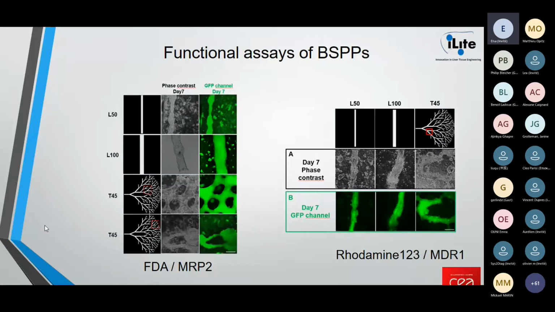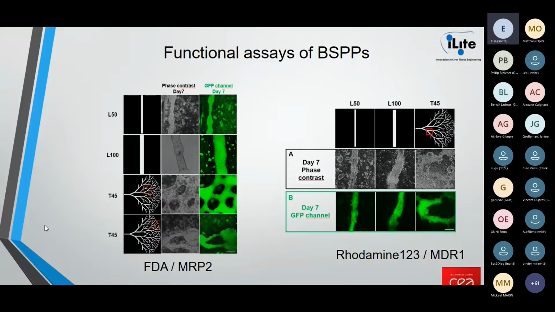Finally, as I said at the beginning, we want to characterize the functionality of our tubular structure after culture. So we employed two different regular functional tests. The first one is named the FDA test, for fluorescein diacetate assay.